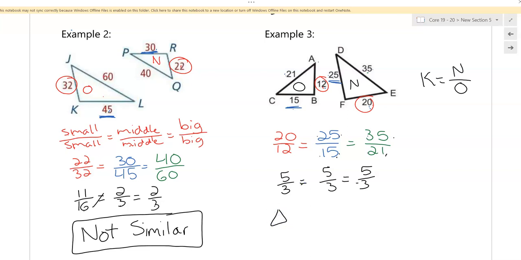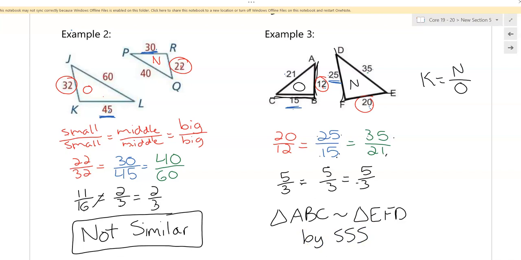So I'm going to go from A to B to C. Similar to, again, I'm going to go across over my circled one and then my underlined one. So I want to go E, F, D. Okay. So triangle ABC is similar to triangle EFD by side, side, side. Okay.